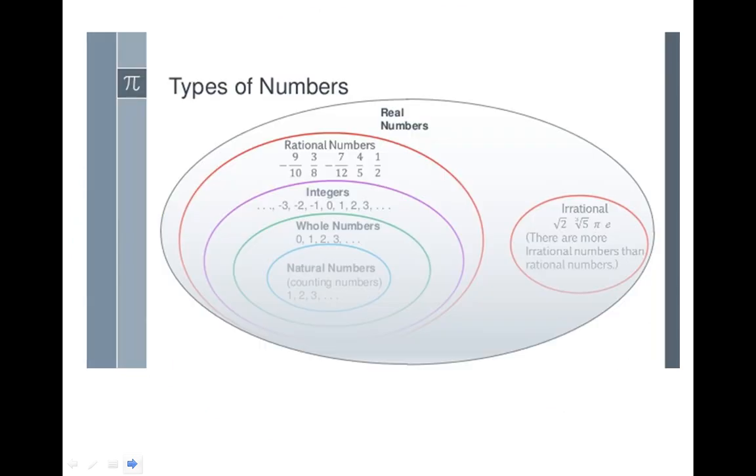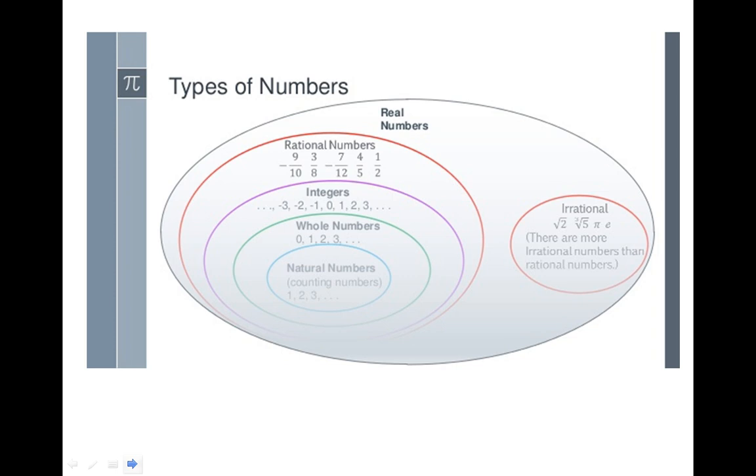Here's another diagram. The natural numbers, 1, 2, 3, and so on. We add 0 to it and it becomes the whole numbers. Add the negatives, they become the integers. All of those are considered rational numbers, along with any other number that can be written as a fraction. All of those are considered real numbers, in addition to any number that's irrational.